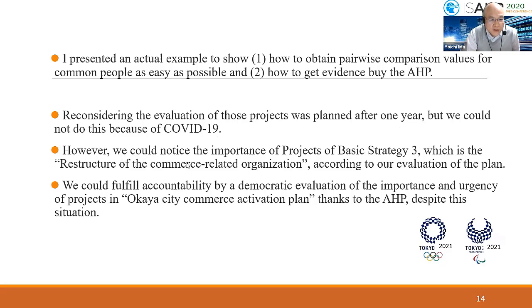However, we could notice the importance of projects of strategy 3, which is the restructure of the commerce-related organization, according to our evaluation of the plan. We could fulfill accountability via domestic evaluation of the importance and urgency of projects in Okaya City Commerce Active Plan, thanks to the AHP, despite this situation.